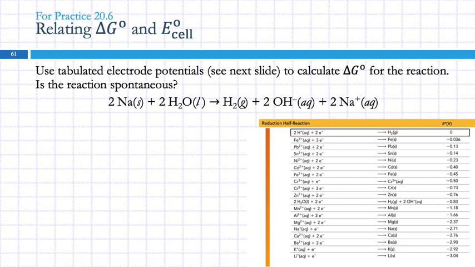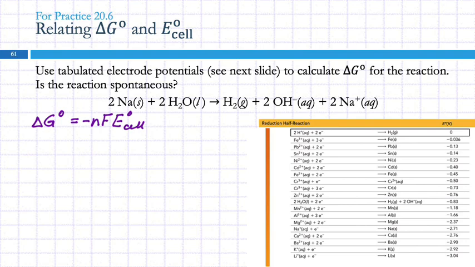So we just learned that delta G is equal to negative nFE cell. So there's two things we need. We need the standard cell potential, and we need the number of electrons being transferred.